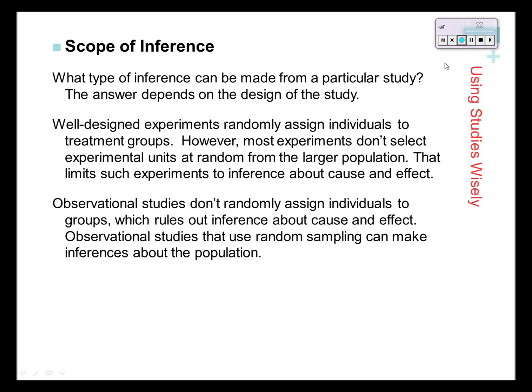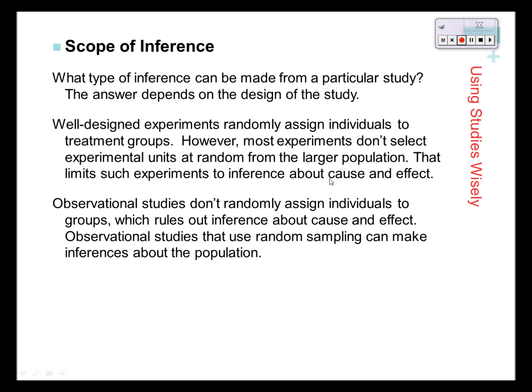Here are some key ideas on the scope of inference. What we're looking at here is that observational studies don't always find a cause and effect relationship. If I'm looking for that, most likely I want to go with an experiment.